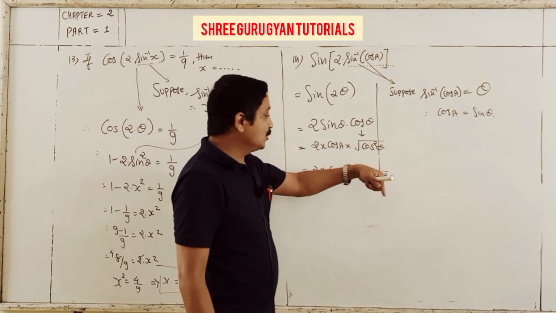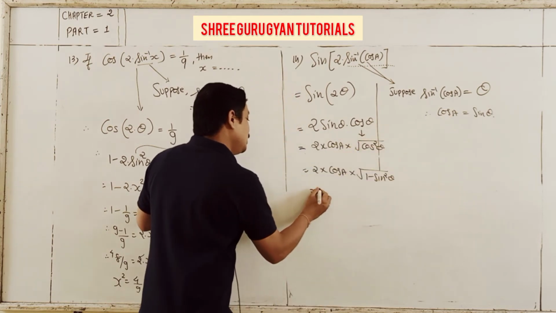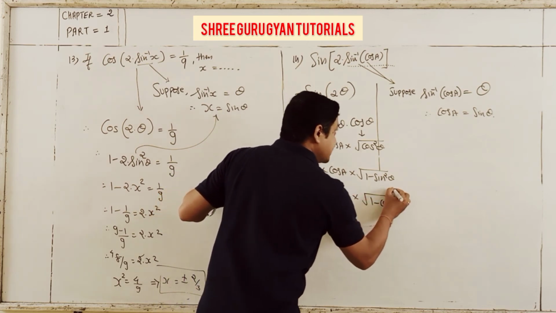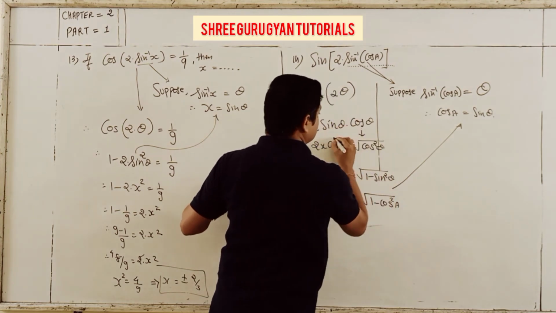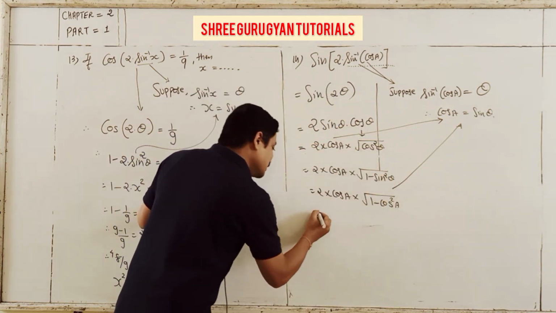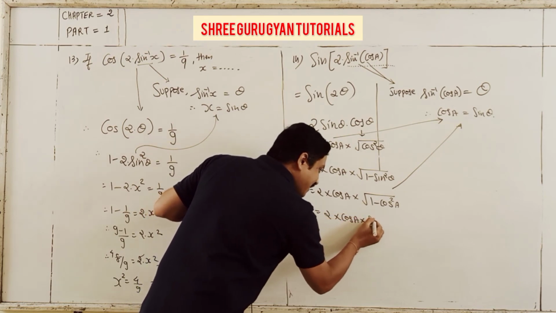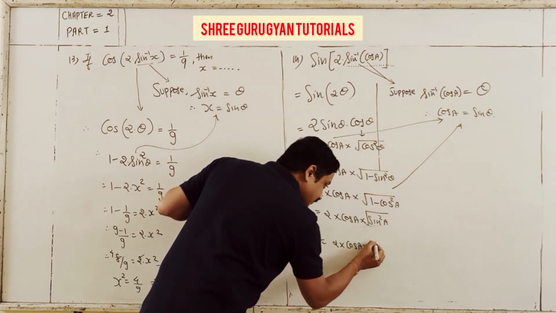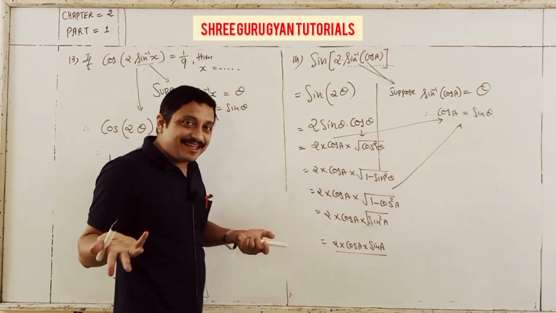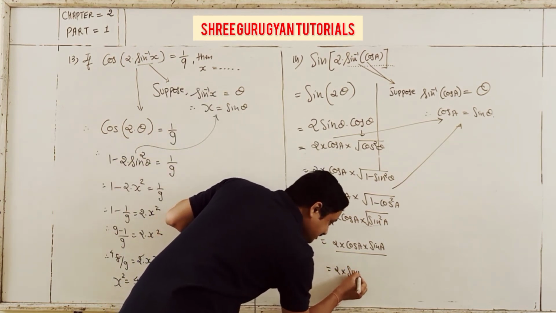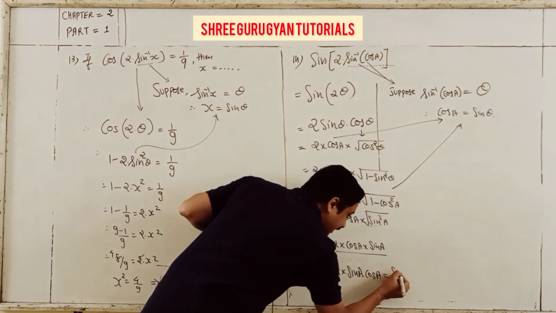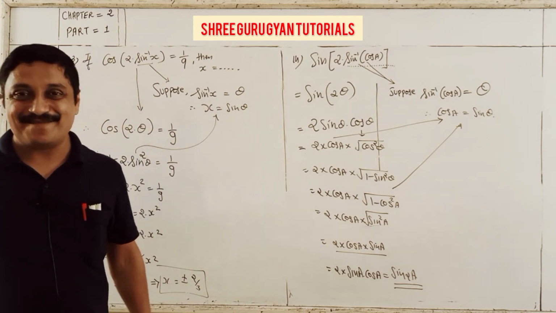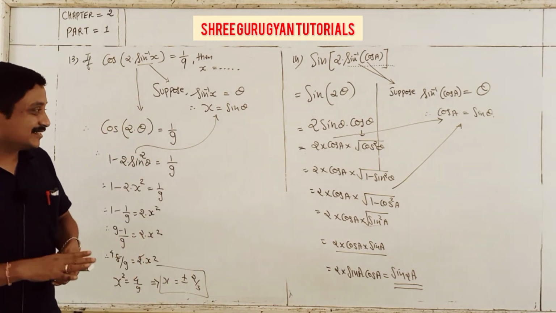So 2 into cos A, into under root 1 minus cos square A. And 1 minus cos square is also known, which is sine square A. So the numerical ends with 2 cos A into sine A. If I arrange it, 2 sine A cos A is sine 2A, and that is the option printed among your options A, B, C, D.